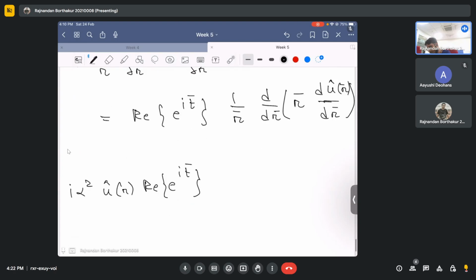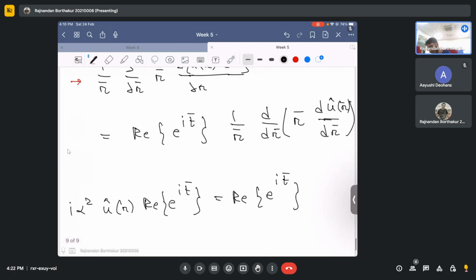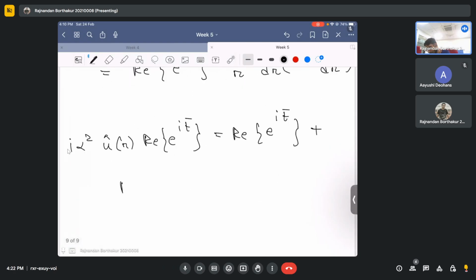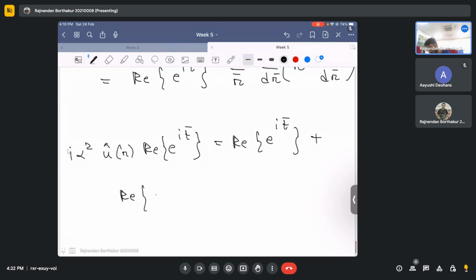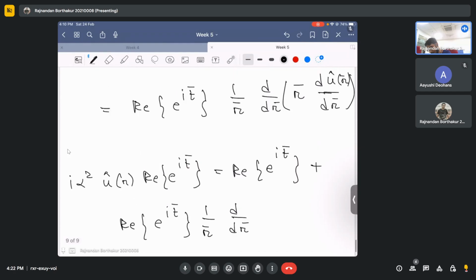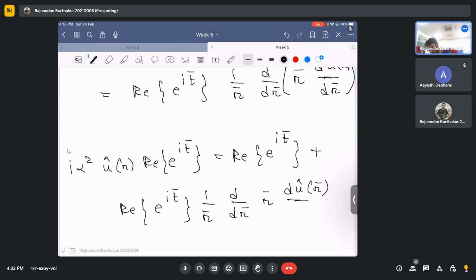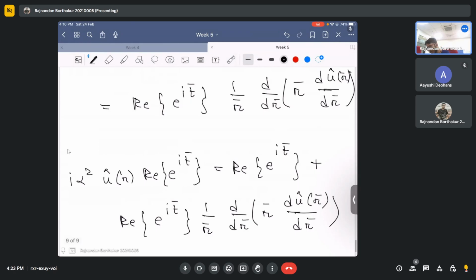And cos t, as I have already said, is nothing but real of e power I t bar. Plus real of e power I t bar into 1 by r bar d dr bar of r bar times du hat of r bar by dr bar. We just substituted the individual terms.